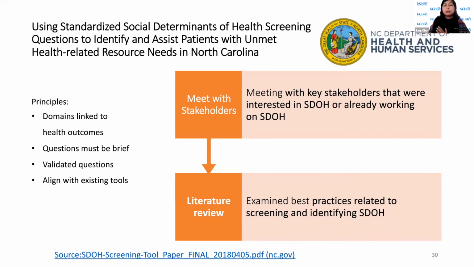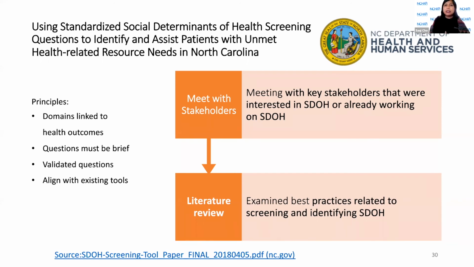So this was an opportunity for the state to provide some guidance on a standardized screener to all of their teams. And they had some guiding principles. First, the screening questions had to cover domains that were clearly linked to health outcomes. Second, the screening questions had to be simple, brief, and applicable to most populations so that they could be easily integrated into workflows in diverse and varied settings across the state.